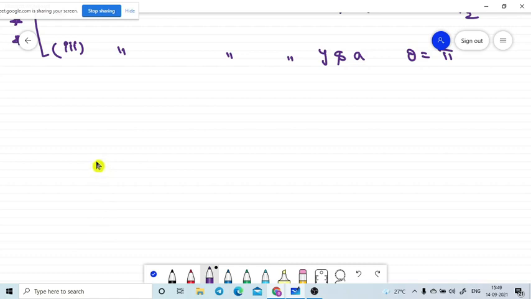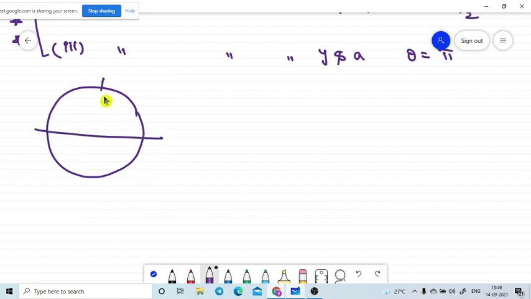Let me take one small example. So this is the particle. Suppose we are checking this experiment at the initial time, at time equal to 0 seconds. The particle is located here. What is the phase of the particle?